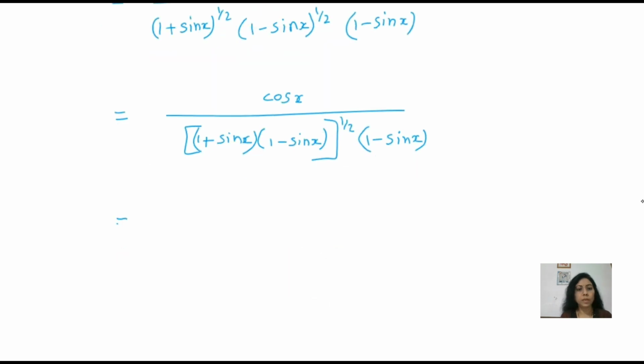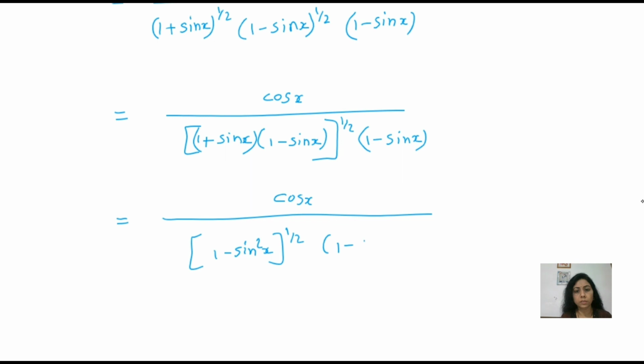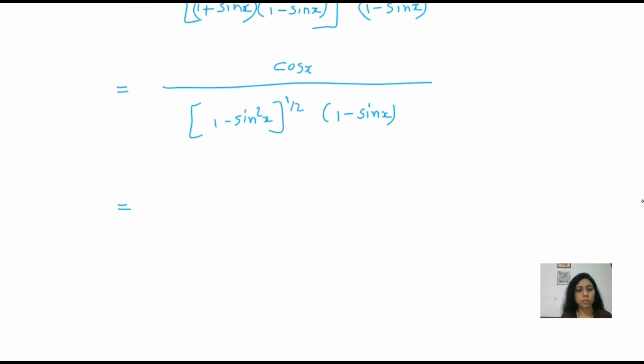And when we multiply the bases, so here (1 minus sin squared x) to the power 1/2, (1 minus sin x). Now cos x, and 1 minus sin squared x is cos squared x. So (cos squared x) to the power 1/2, and this is 1 minus sin x.